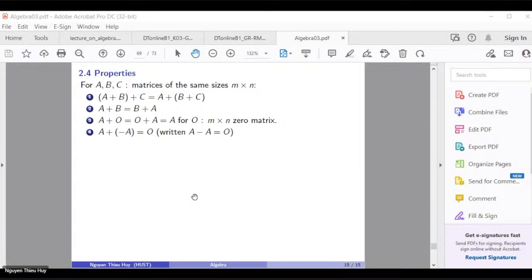So let me prove at least the first property and the last property, so that you can be familiar with the matrix addition.